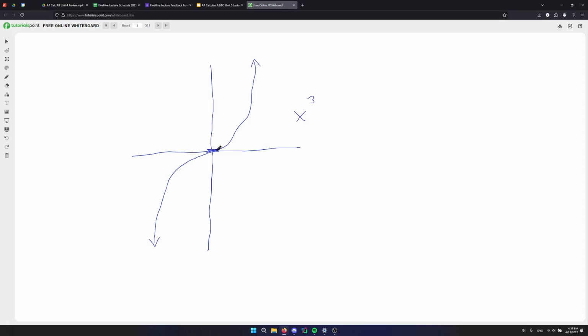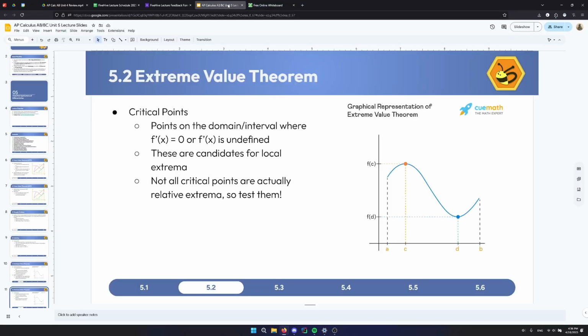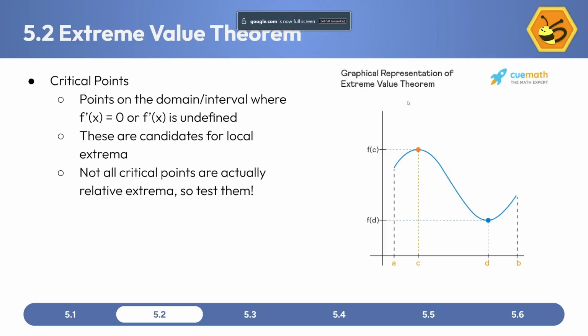Here we can see that since it's completely flat, our derivative here is 0. However, even though our derivative here is 0, so it is a critical point, is it a relative extrema? No, because it's neither a max nor a min. So this is just one case to show that our critical points aren't always relative extrema. Hopefully we get that part.